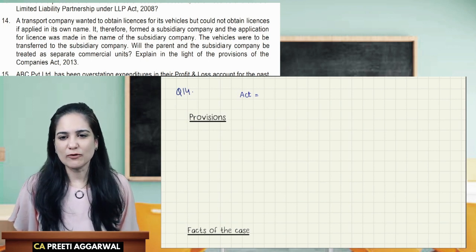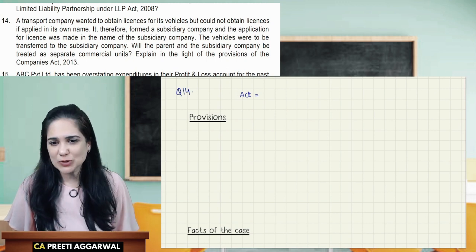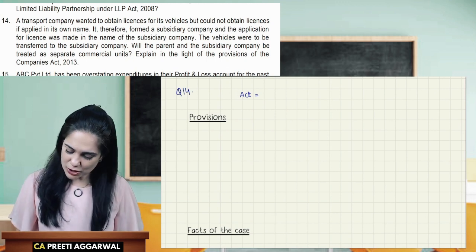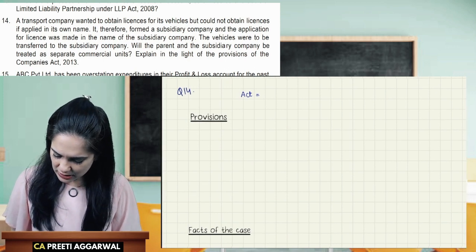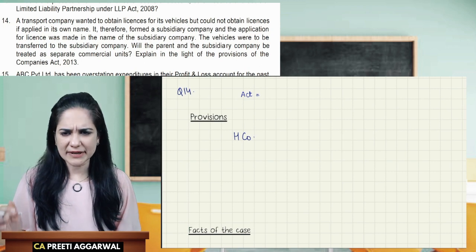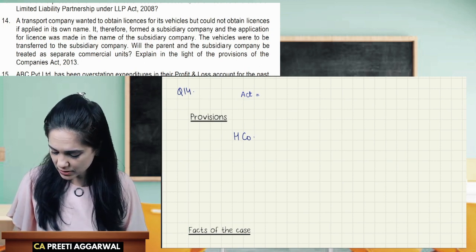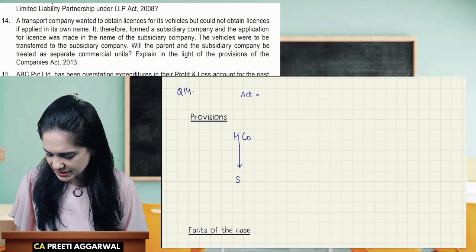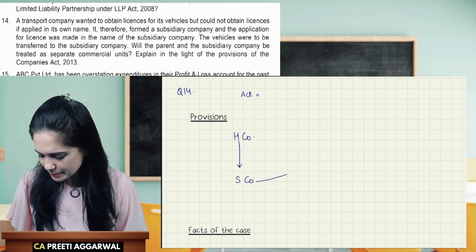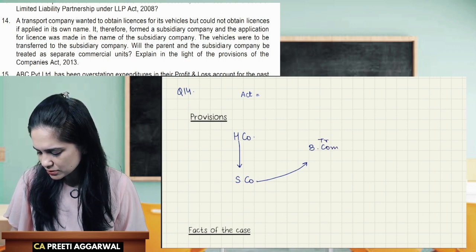The transport company wanted to obtain license for its vehicles, but they could not obtain the licenses if they applied in its own name. Therefore, they formed a subsidiary. So what happened in that case law? The holding company, Merchandise Transport Limited, could not obtain the licenses in their own name, so they formed a 100% owned subsidiary company and they applied for licenses to British Transport Commission.